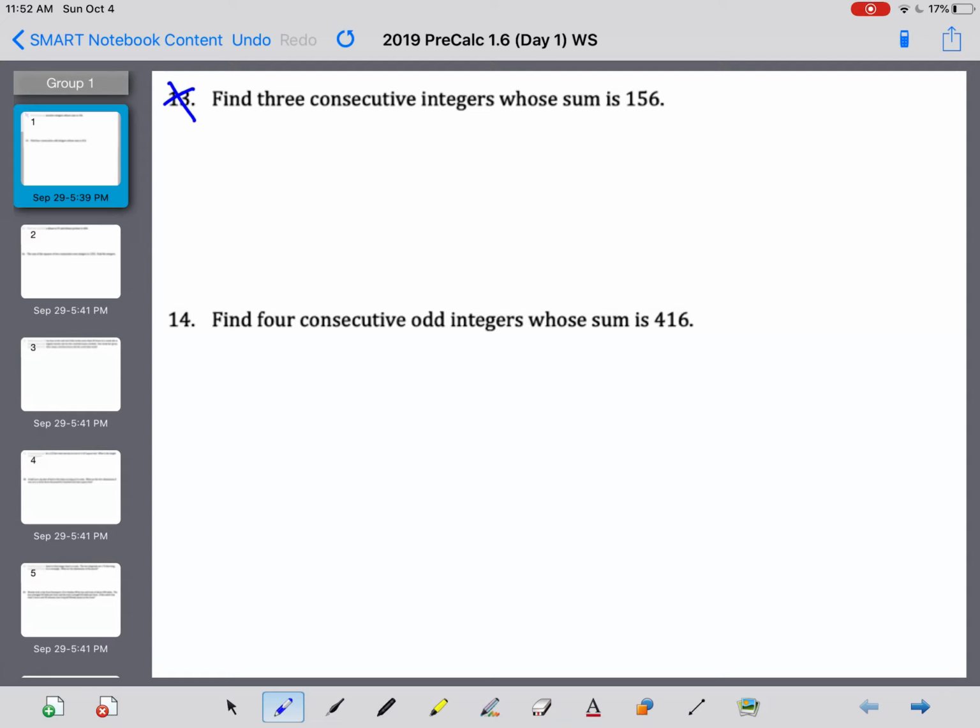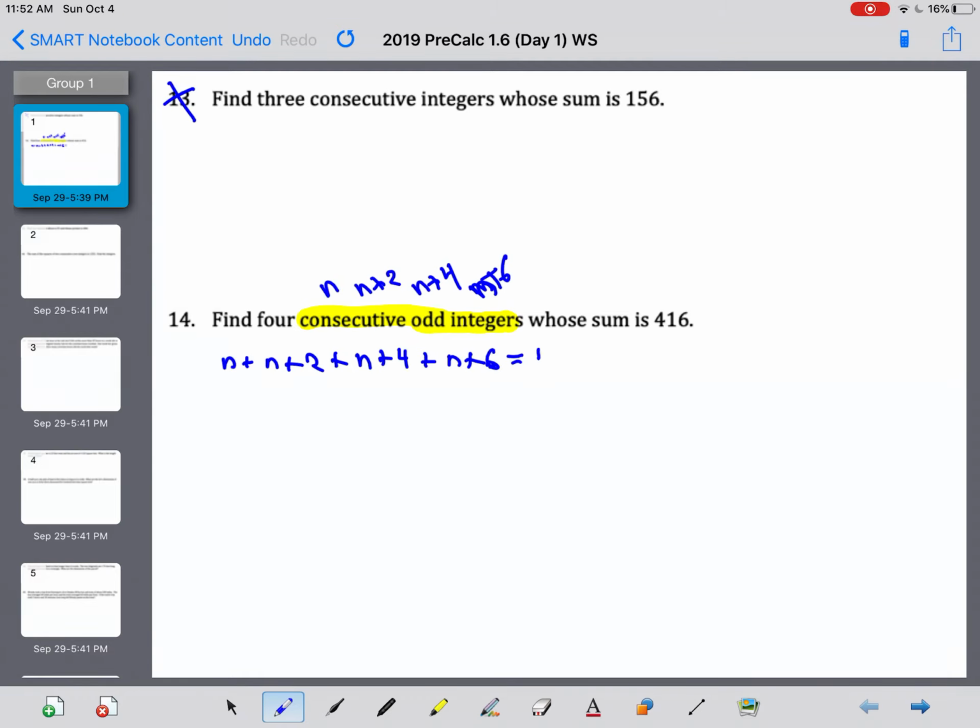Consecutive odd integers are going to be like n, n plus 2, n plus 4, and n plus 6. I'm going to take those 4 expressions to represent those consecutive odd integers, and even though they're odd, they are 2 apart from one another.